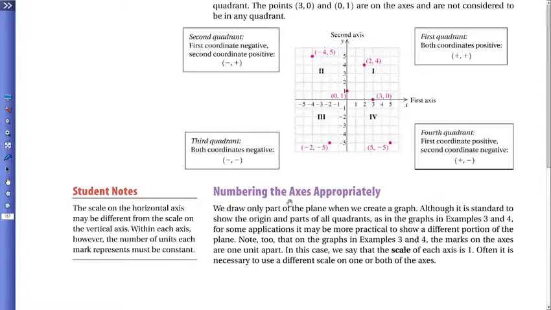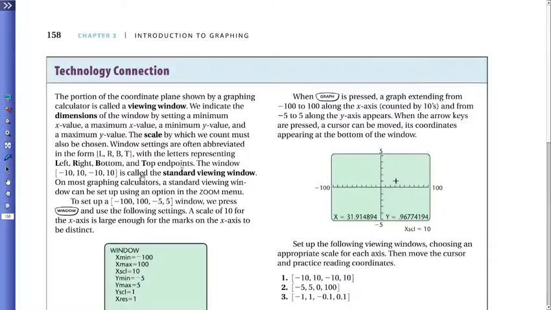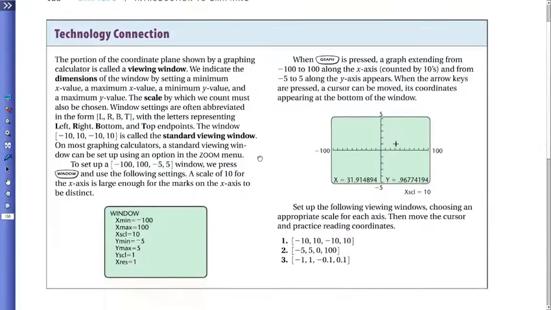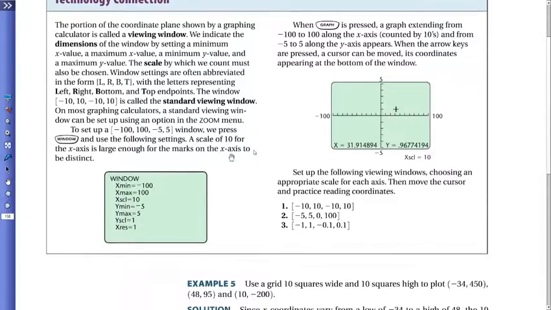This next part is about numbering the axes appropriately. So we're going to talk about scale a little bit, and it's kind of like that squiggly line where they change the scale. Well, they show us here if we had graphing calculators. We're not using these in this class yet.